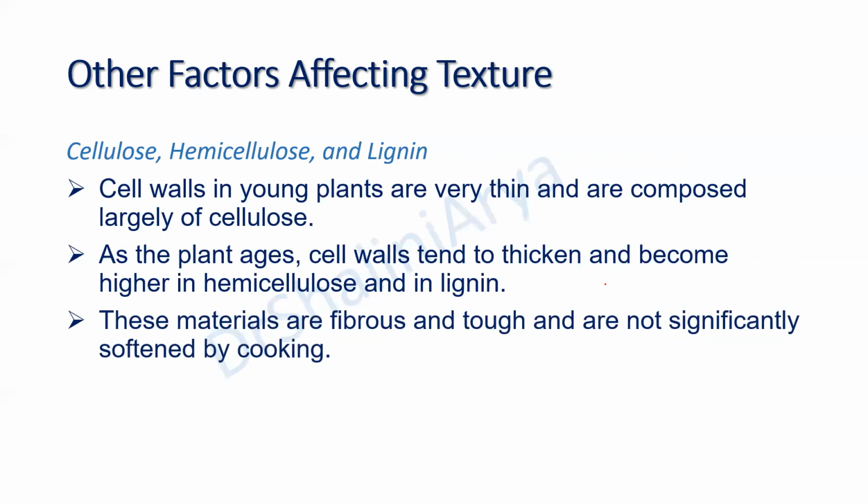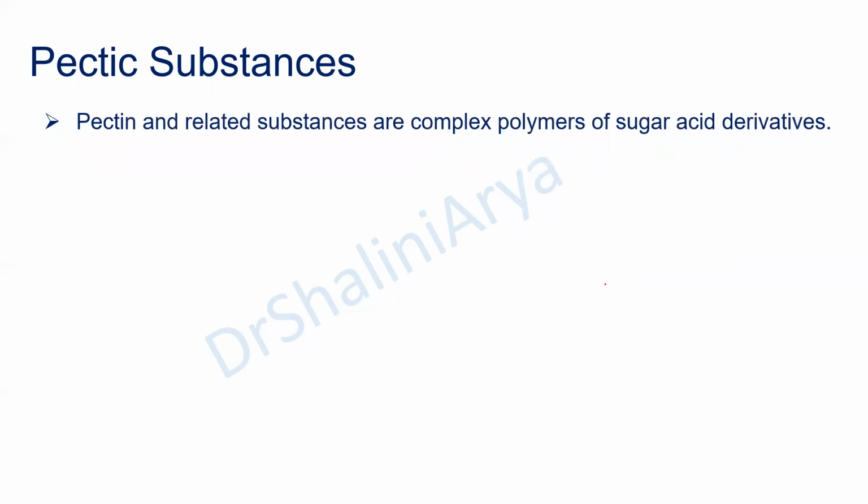These materials are fibrous in nature, very tough, and not significantly softened by cooking. That is why when we demand good quality okra or vegetables, we want them to be immature and soft, so that we can cook them. And of course chemical composition also varies.